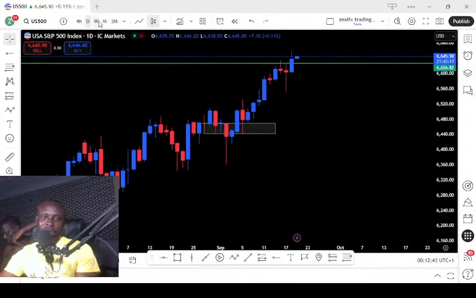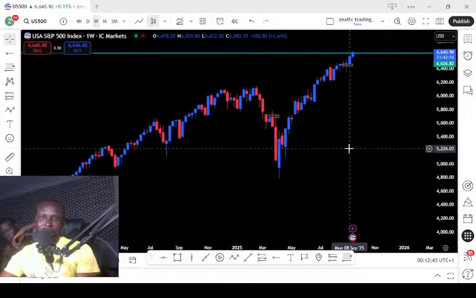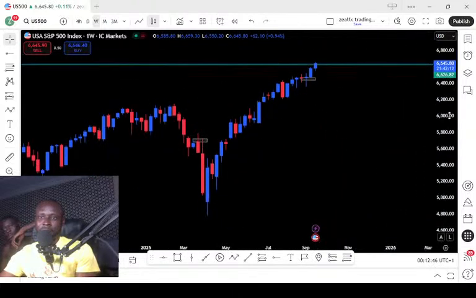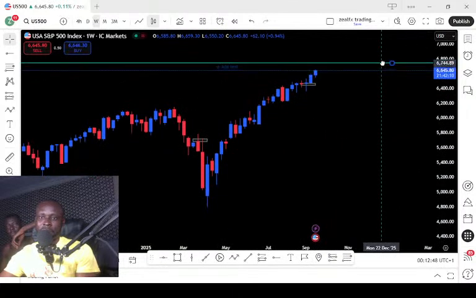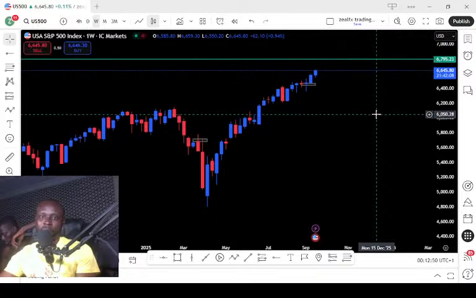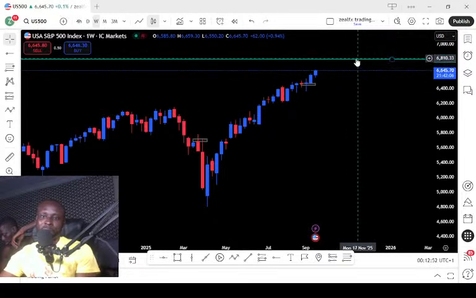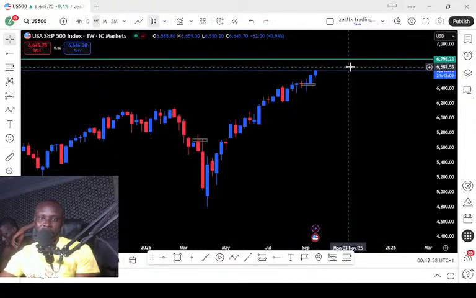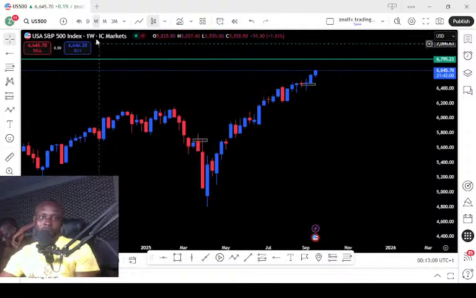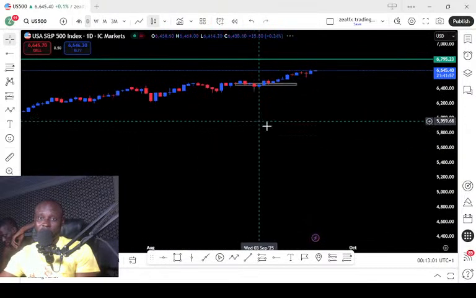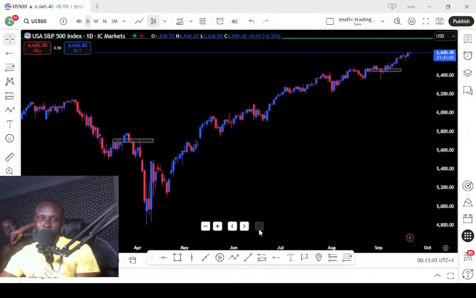Our target for this S&P 500 will be this next level for the coming week. So in this month of September, we expect price to come to this resistance, this next level, before we can see any further sell for the S&P 500.